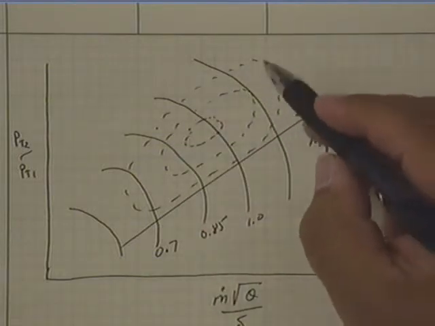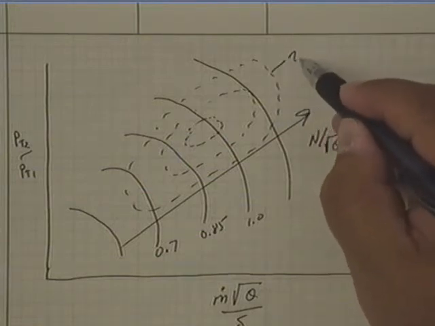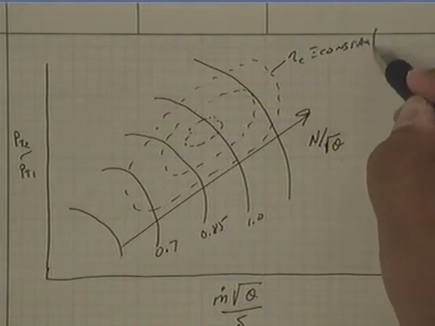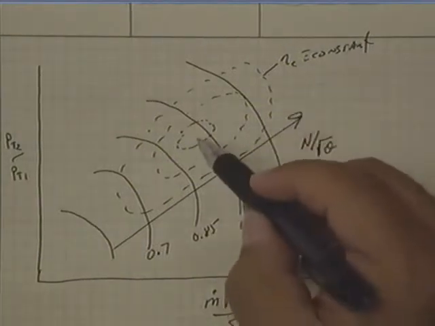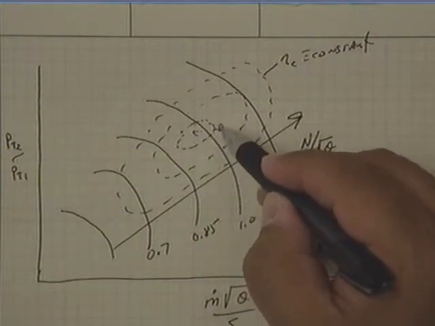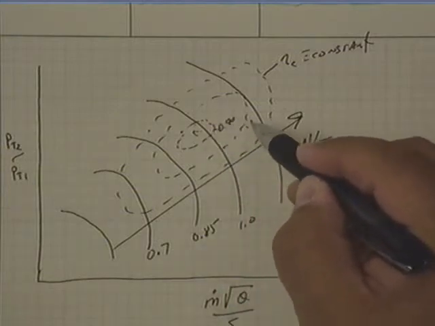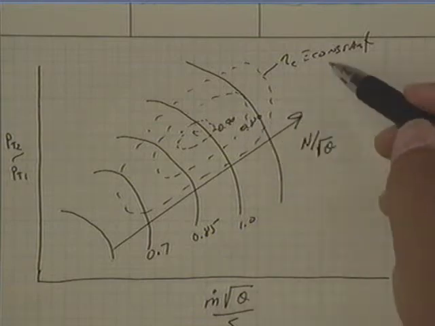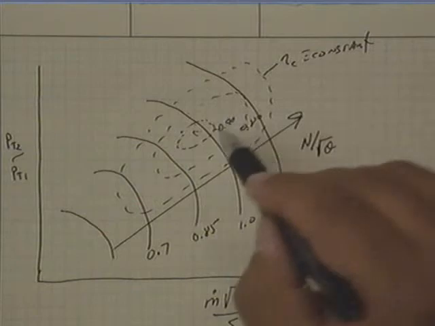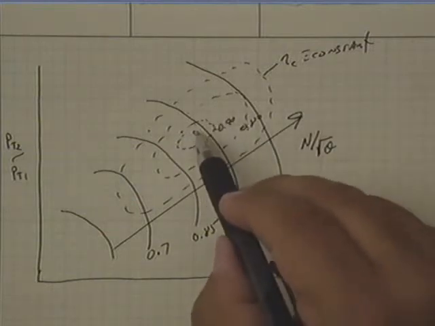Okay, so these are constant adiabatic efficiency, and the inner ones here are higher. So this might be 90%, 80%, and so on. The ones in the outer bands are lower efficiency, and as you spiral in, you get closer.